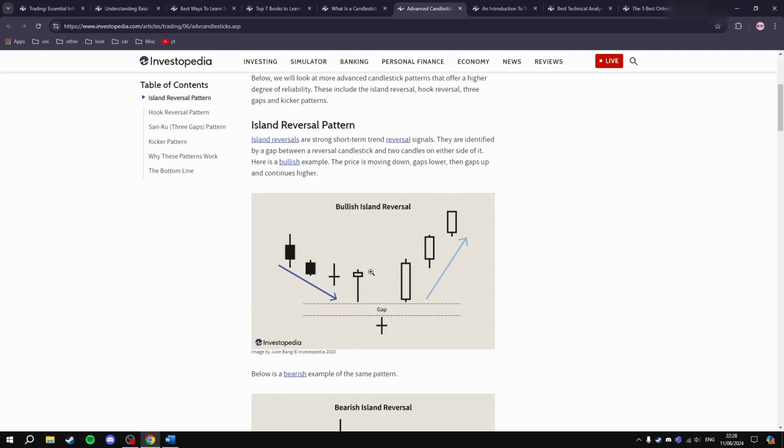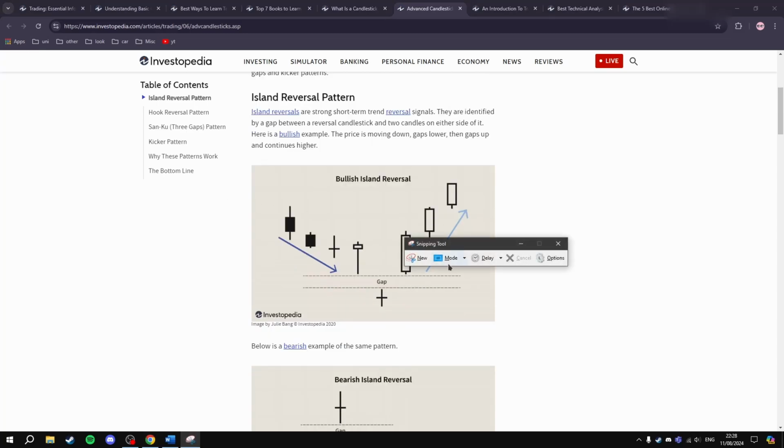Here's a bullish example. So we've got a red doji reversal gap. Gap here, and then a reversal candle again, a gap, and then price going up. So, bullish example.